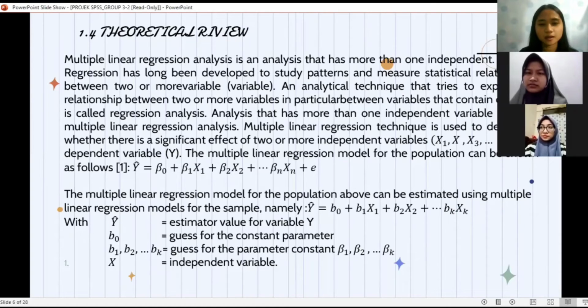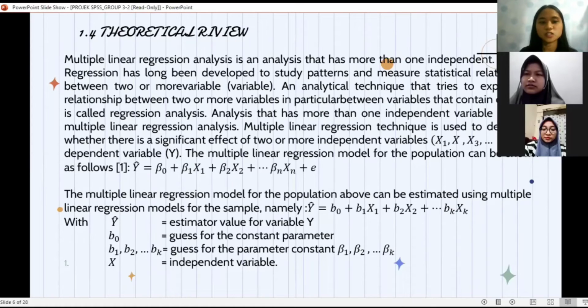Multiple linear regression technique is used to determine whether there is a significant effect of two or more independent variables, X1, X2, X3 until Xk, to the dependent variable or Y. The multiple linear regression model for the population can be shown as follows. Y equals beta 0 plus beta 1 X1 plus beta 2 X2 plus until beta n Xn plus e.